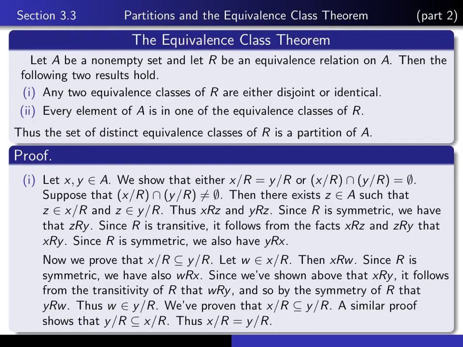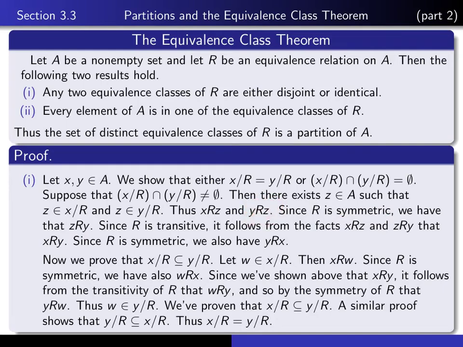Okay, so I've returned to my proof of the result. We start with an X and Y in A, and we assume that there is something in common to their equivalence classes. So that means that there exists an element Z of A, such that Z is in the equivalence class of X, and Z is also in the equivalence class of Y. By definition, that means that X is related to Z and Y is related to Z. By symmetry of R, it follows that Z is related to Y. I've used this one here.